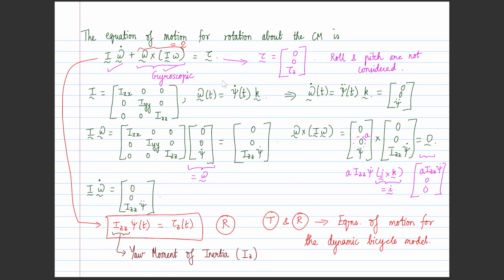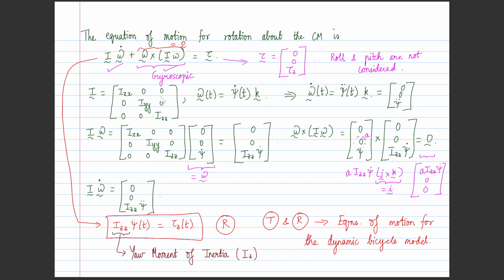Now the equation for motion of rotation about the center of mass is I into omega dot plus omega cross I into omega, which equals tau. So we are neglecting roll and pitch here. So tau is written as 0, 0, tau z.